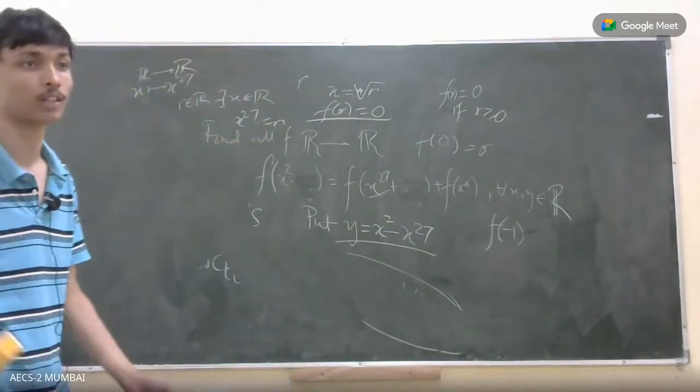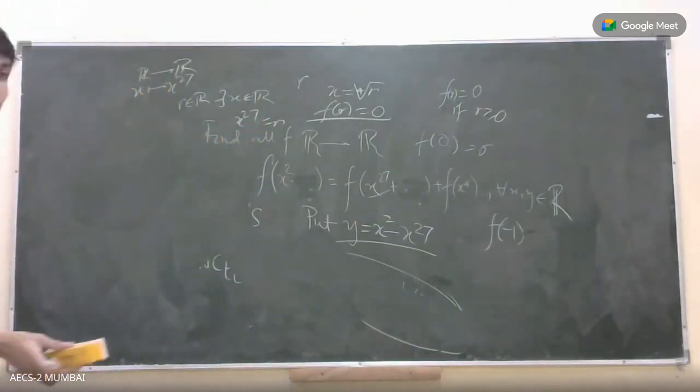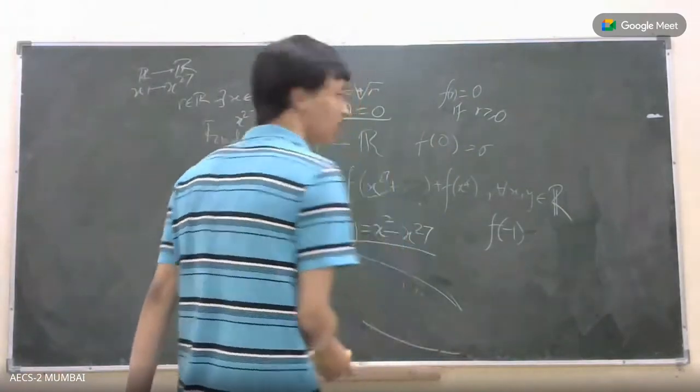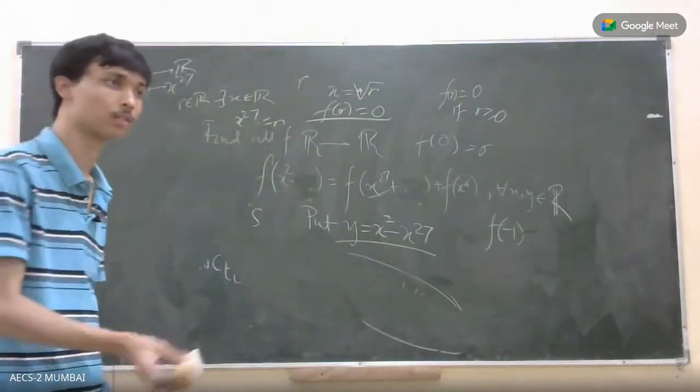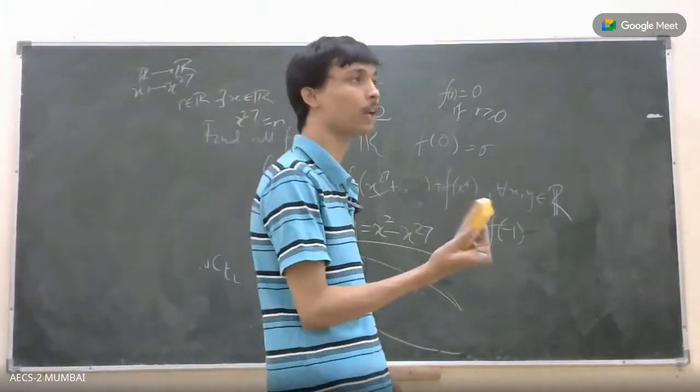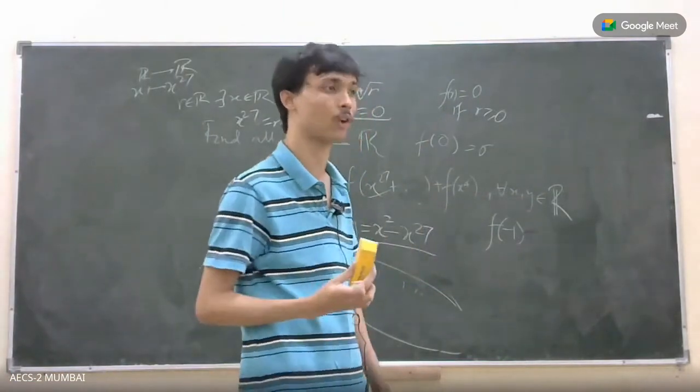And then there's the importance of shifting. So if you can shift, try to do so, because then you get one value first. The value at 0 you get for free.